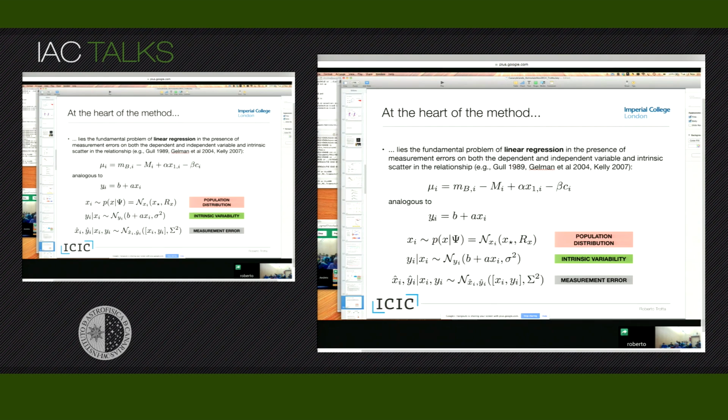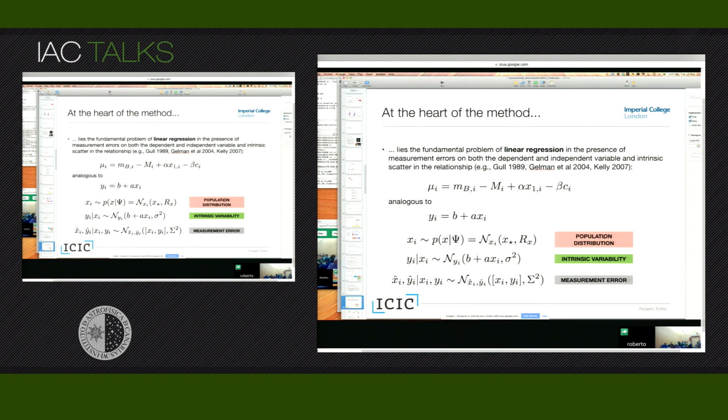So I remind you about the hierarchical linear model. Here we have yi given by b plus a xi. And now the xi themselves, the independent variables, are drawn from their own distribution, p of xi, which itself is controlled by the parameter psi. For convenience, I'm choosing this distribution to be Gaussian with unknown mean x star and unknown variance rx.